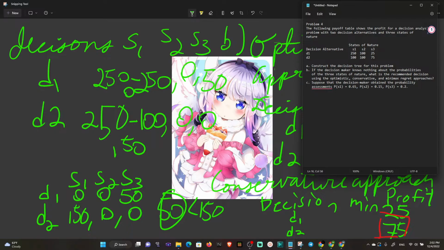We must now use the expected value approach to determine the optimal solution. Does that make sense?